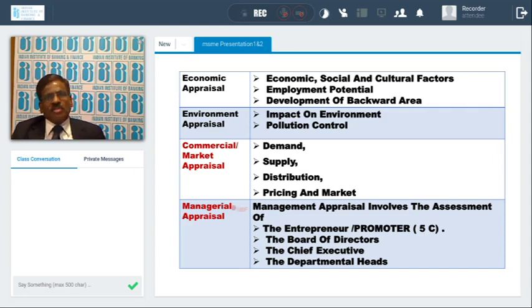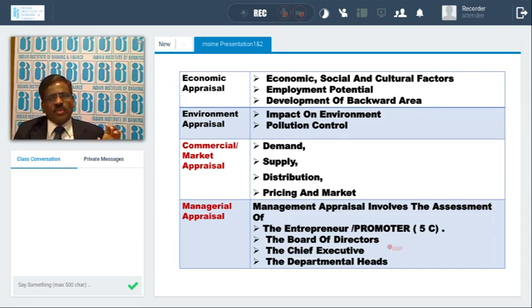Okay. In the managerial appraisal, you can find out which type of borrower he is. As we discussed about the 5 C's of the borrower, and what the competence is. Suppose it is a company, who are the directors there? Whether any experts are on the board of directors or not, you can find out.